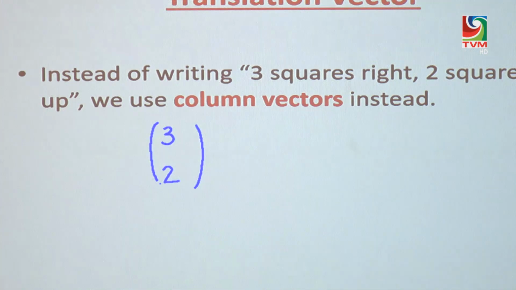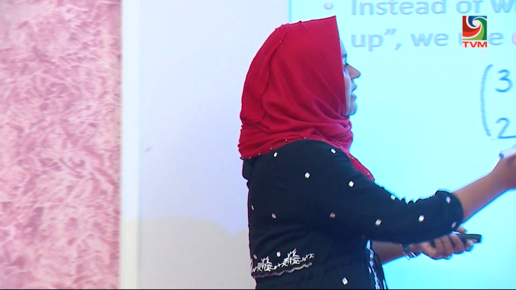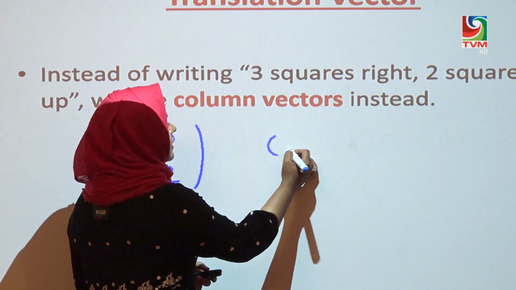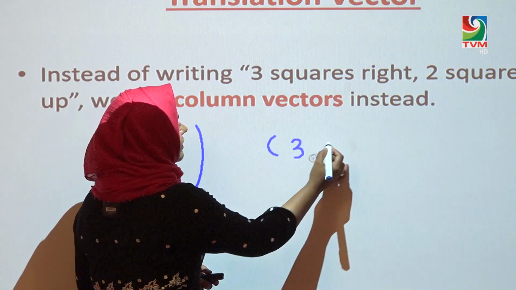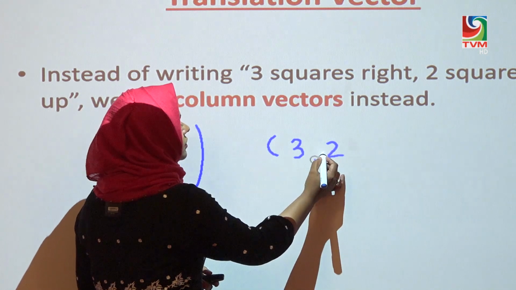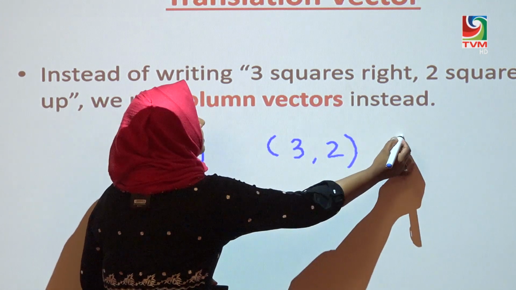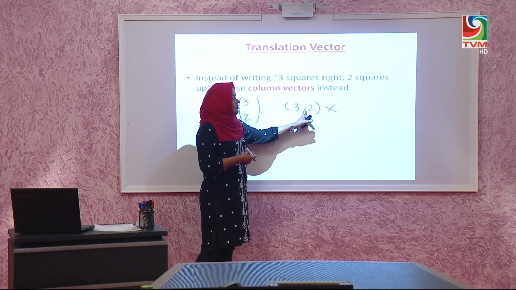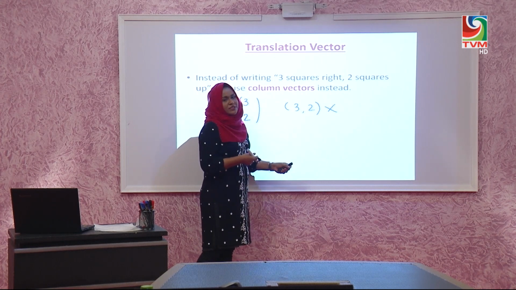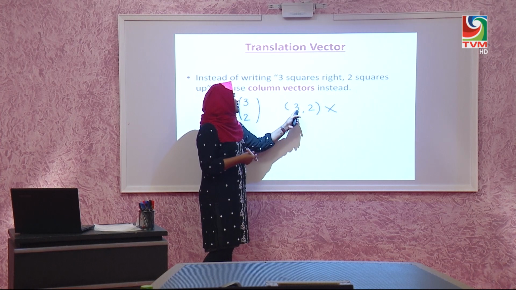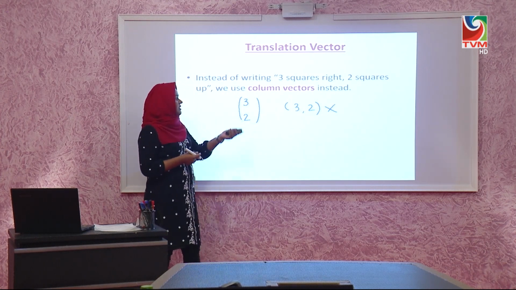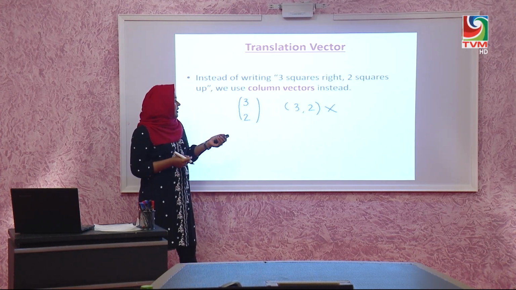Now, a very common mistake students make is, when we write the column vector, the translation vector, many students write it in a bracket horizontally, 3, 2, which is wrong. When you write 3, 2 horizontally in mathematics, this is not a column vector. These are coordinates of a point, which say x value is 3, y value is 2.